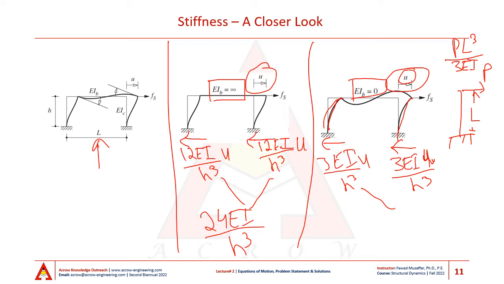If my U is equal to 1, because I am interested in stiffness, then my lateral stiffness of the frame itself becomes 6EI over H cube. Note that for the case when my beam stiffnesses are approximately equal to 0, my lateral stiffness of the frame is 1/4 of what it would have been when my beam stiffness is infinite.